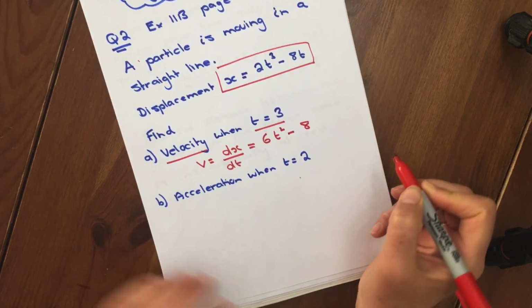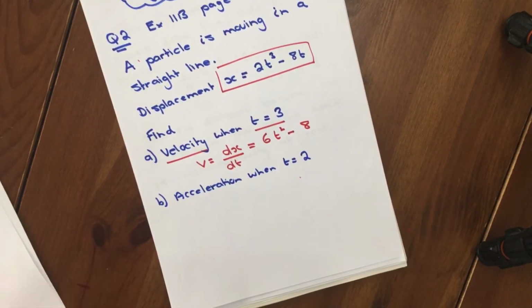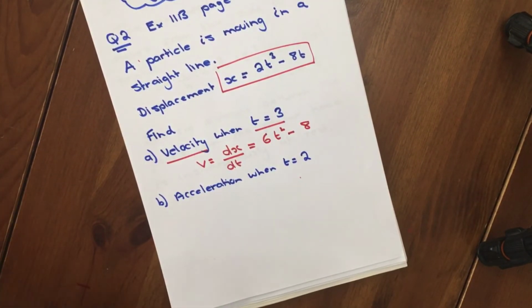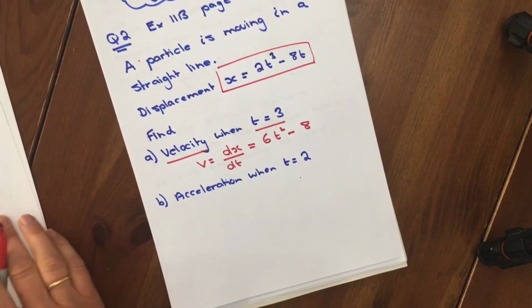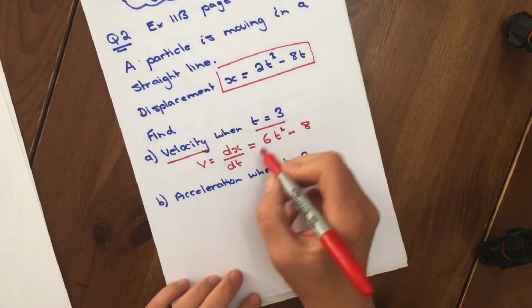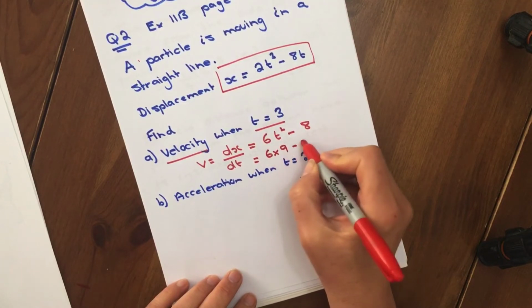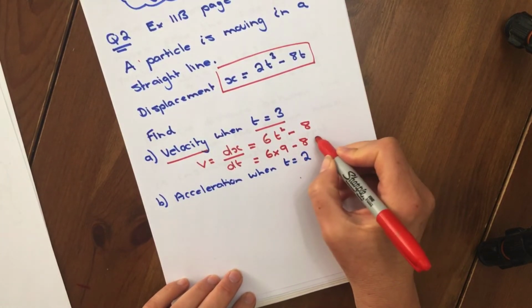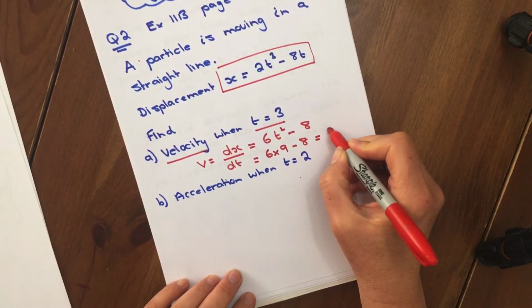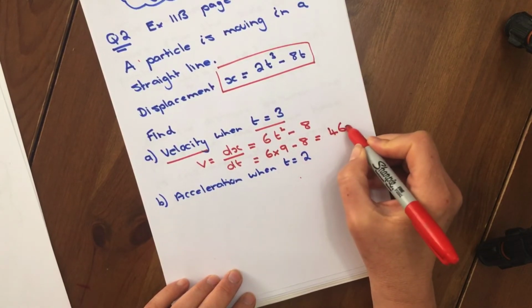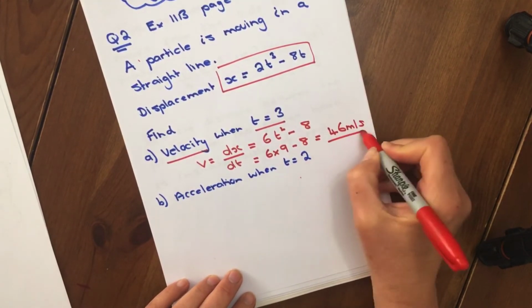I'm then going to put in my value for t. In this case, t is 3. So if I put that in, I'll have 6 times 9 minus 8. And if I work that out, I will get 46 meters per second.